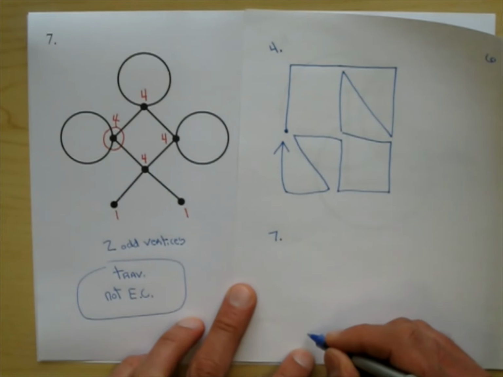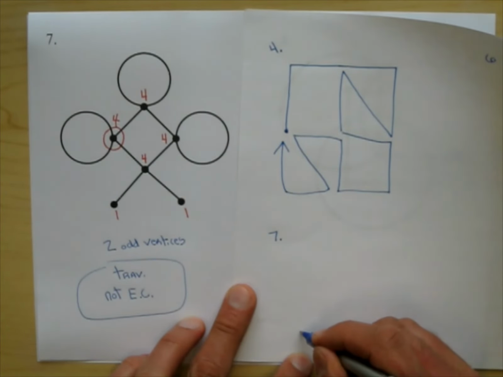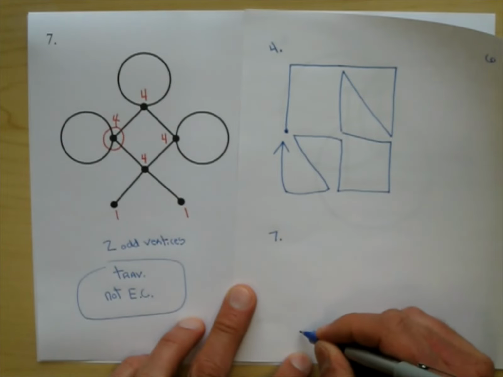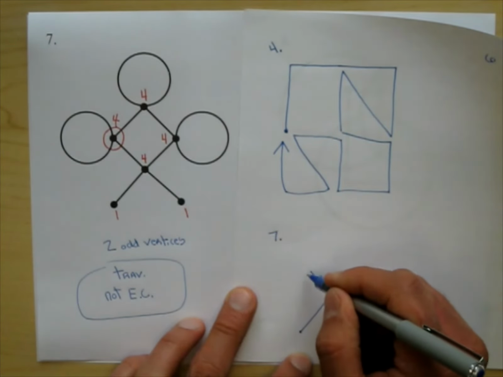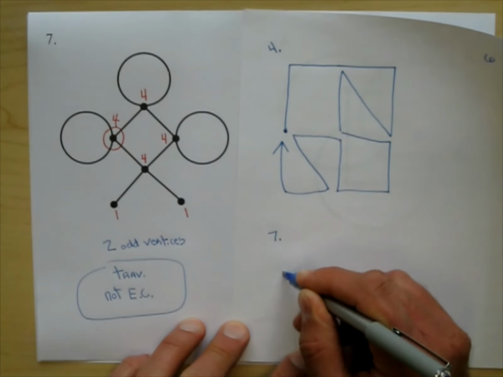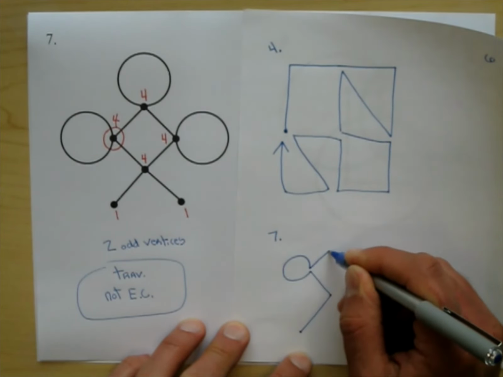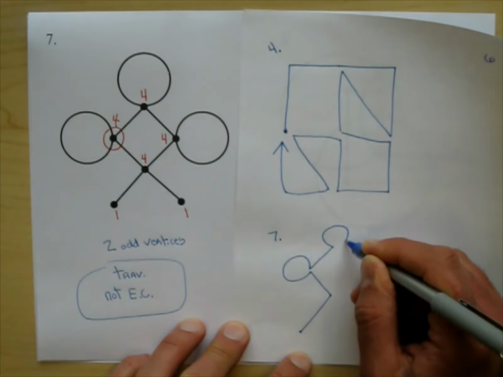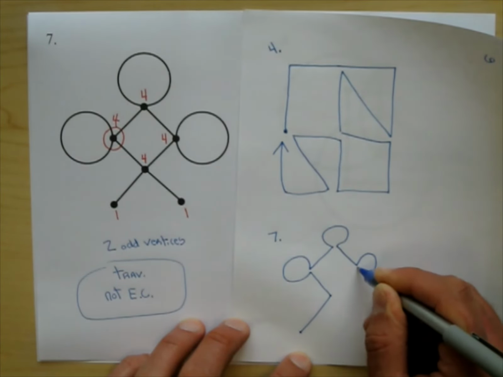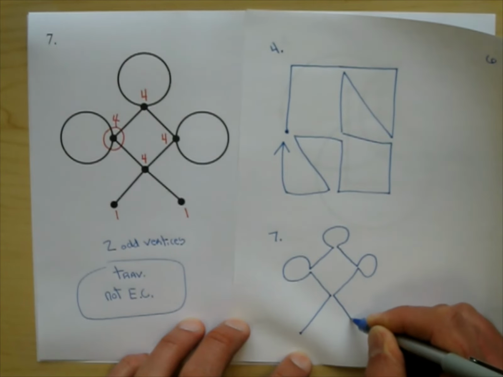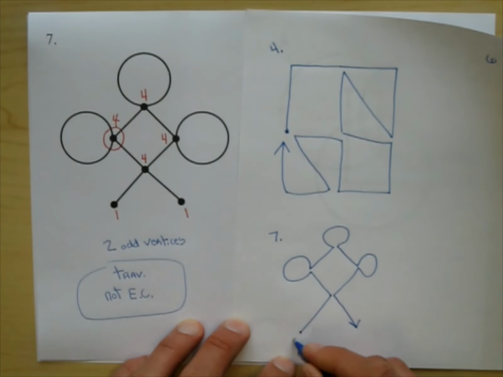I can start at one of those legs there, so I'll start right down here. And then I go up around this diamond, and as I go, I'll go ahead and do the circles. Up here, down here, back down there, and then finish there. So we started here, we ended there.